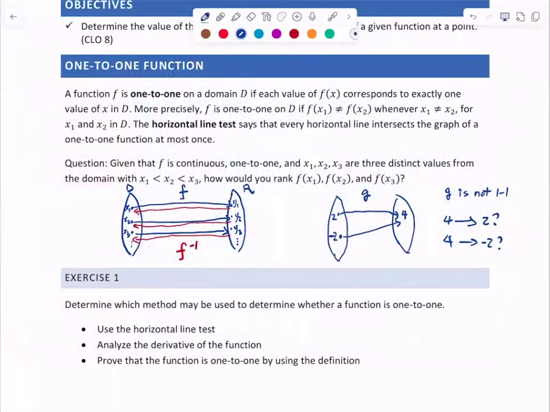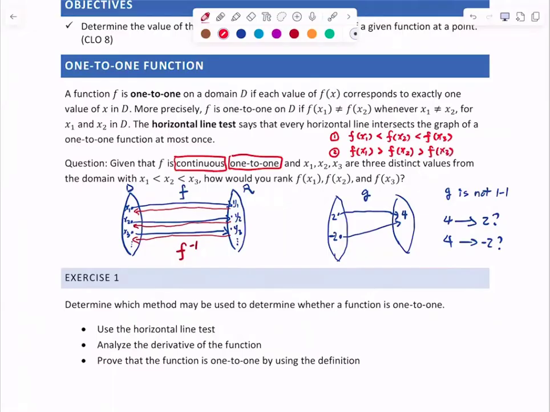So two important parts: continuous, 1-to-1. Two conditions. So you can have this outcome, or you can have the other outcome, one or the other.